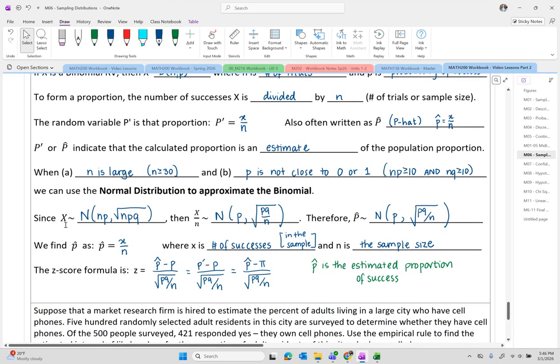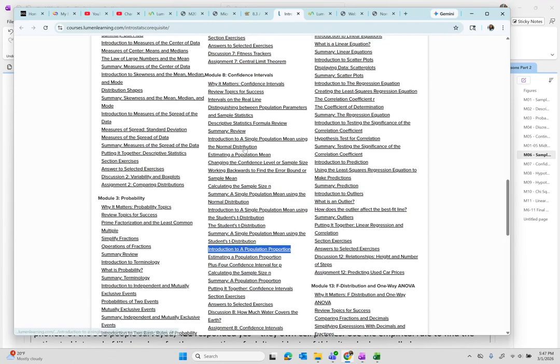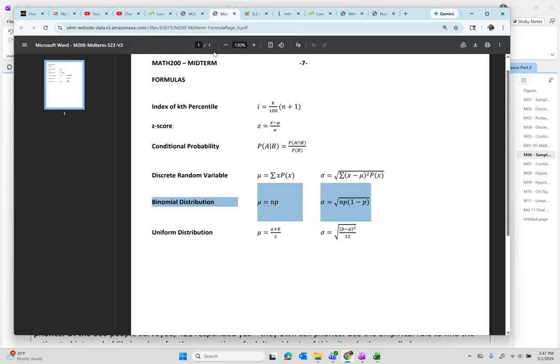And if you remember, the variable X that is now a numerical variable will follow a normal distribution with mean n times P and standard deviation the square root of n times P times Q. And this was part of our mean and standard deviation of a binomial from the midterm, from the first half of the class.